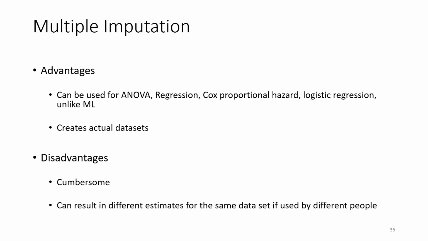And it can result in different estimates for the same data depending on how different people apply the program. This is actually true in many different statistics and approaches where different people will do things in slightly different ways, which means that absolute replication of results is very difficult because we may make different choices along the way that would exclude data, these kinds of things.